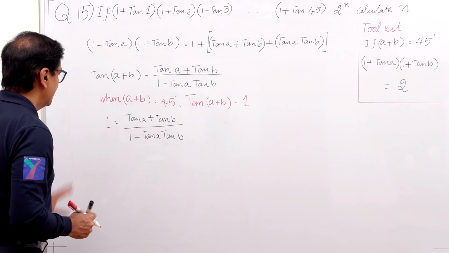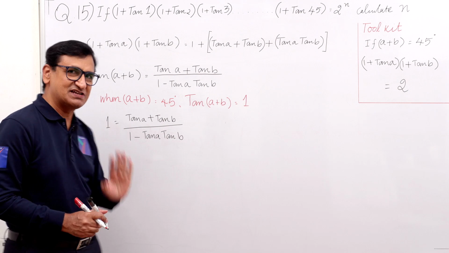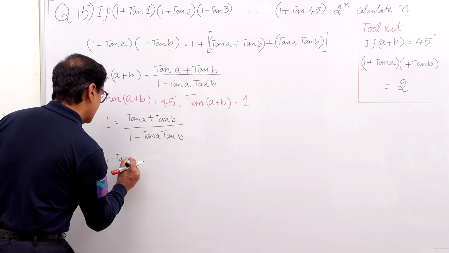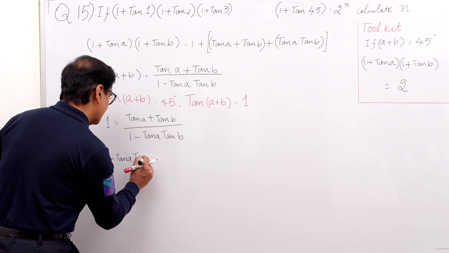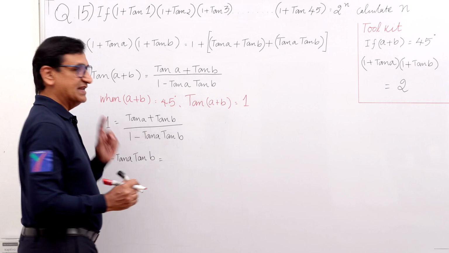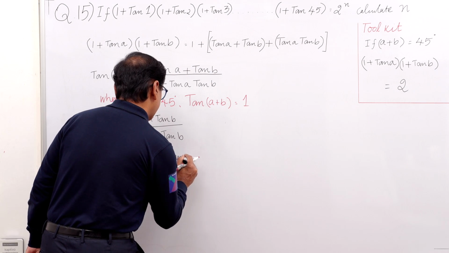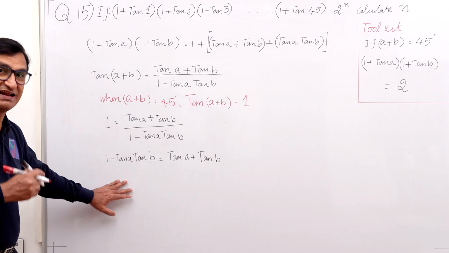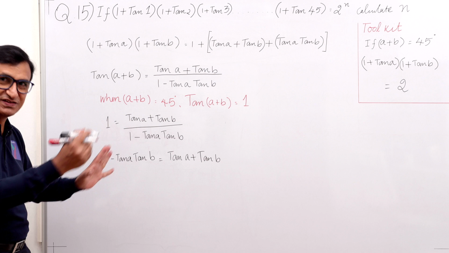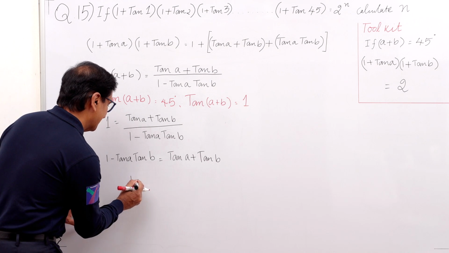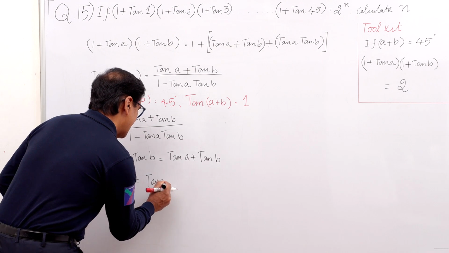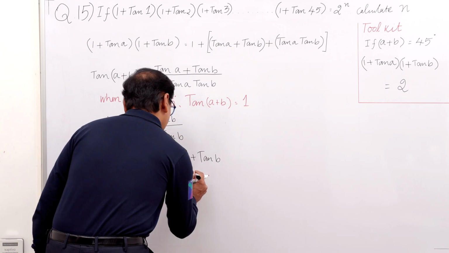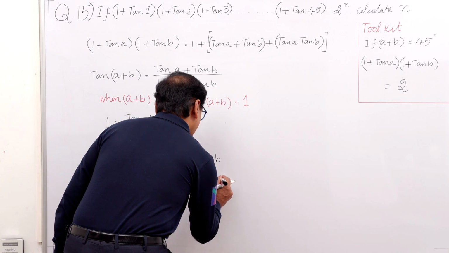Let's simplify this. Let's multiply both sides by (1 - tan a tan b). So you have 1 - tan a tan b equals tan a + tan b. Let's add tan a tan b to both sides. You will get 1 equals tan a + tan b + tan a tan b.